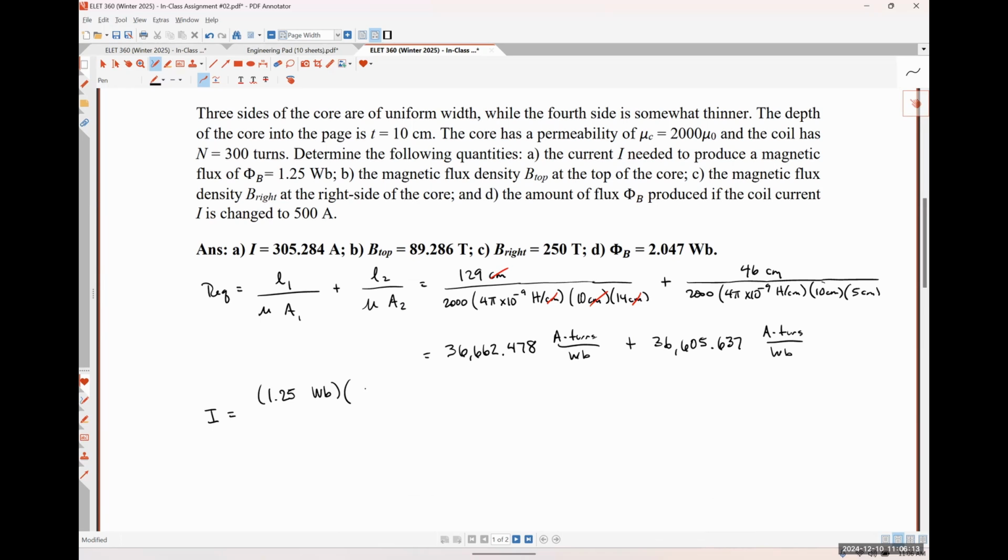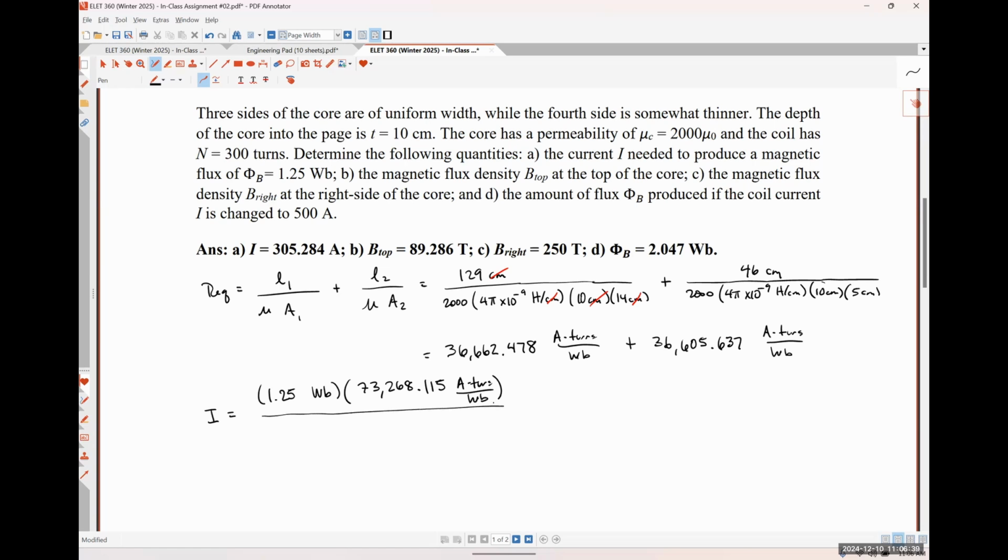So I should probably add those two things together really quickly. 36,662.478 plus 36,605.637 comes out to be 73,268.115 amp turns per Weber.